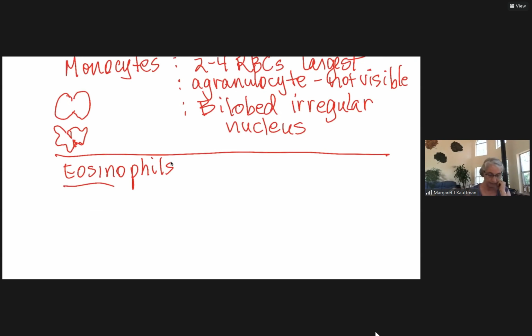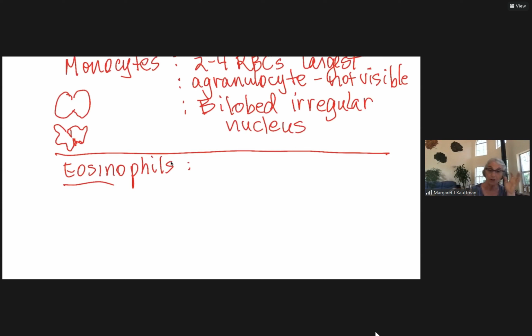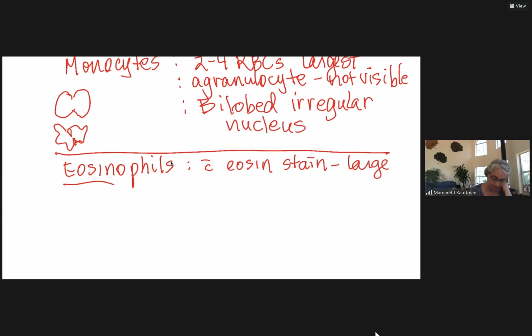This is saying they love eosin, and the reason they love eosin is because their granules stain pink in most stains. Actually, I don't remember if our slide has the classic stain with eosin staining. They have very large granules staining pink.